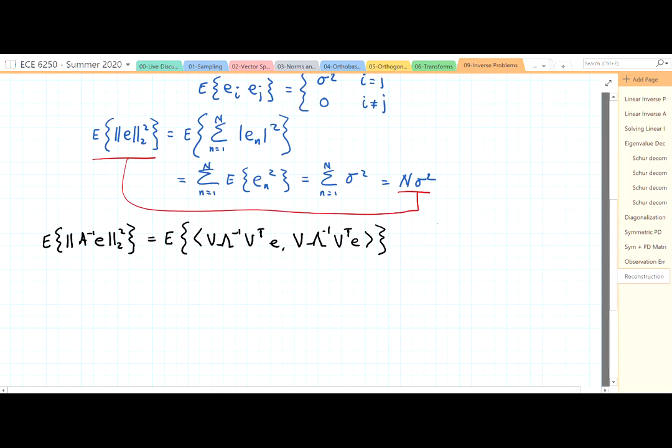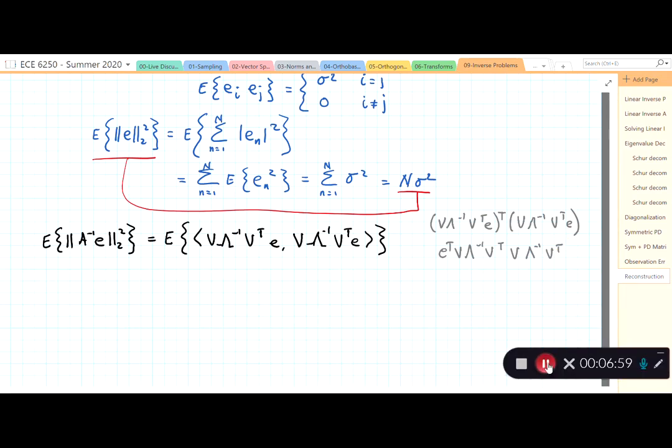So we could write this as V lambda inverse V transpose E, transposed, times V lambda inverse V transpose E, and this becomes E transpose V lambda inverse V transpose V lambda inverse V transpose times E. Well, these two values in the middle cancel because V transpose is equal to V inverse.